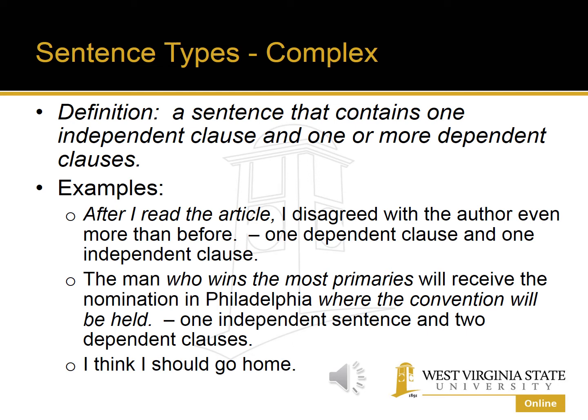We could write the sentence with the pronoun, saying, I think that I should go home, and that's a perfectly acceptable sentence. But you'll find people want to omit that, the word that, in writing as well as in spoken English to make the sentence briefer. So both of them are perfectly acceptable, and they also are both still complex sentences.